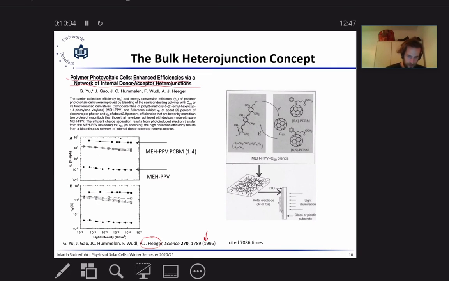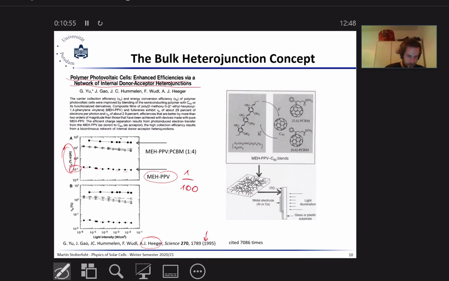And what properties do they specify here? So this is the neat material, and this is the collection efficiency. Only 1 over 1,000 charges are collected, so 10 to the minus 1 percent.